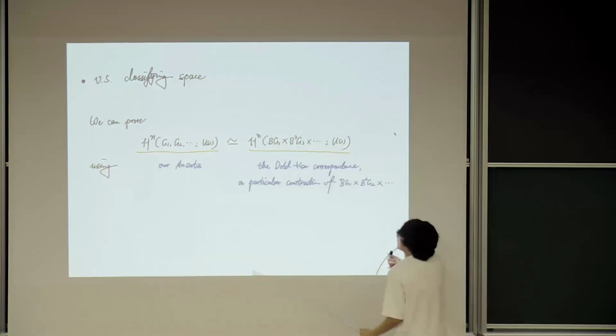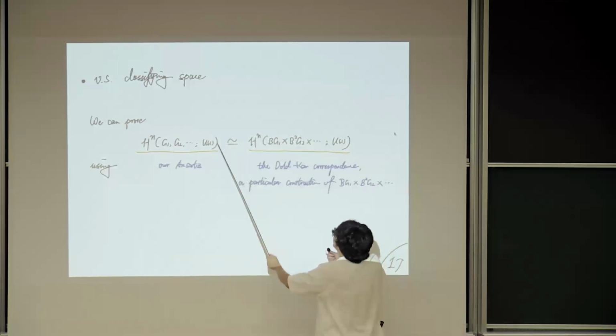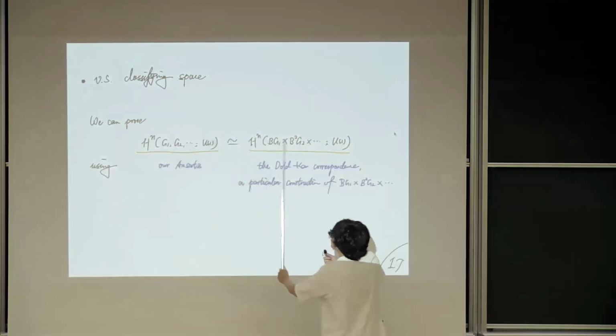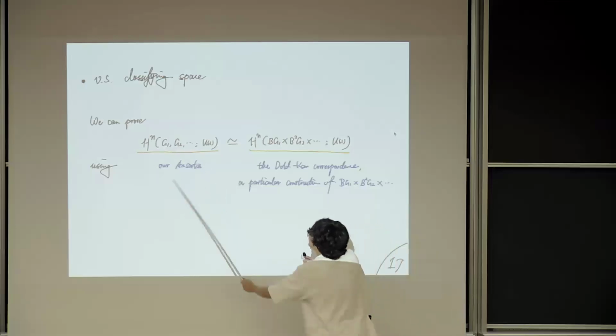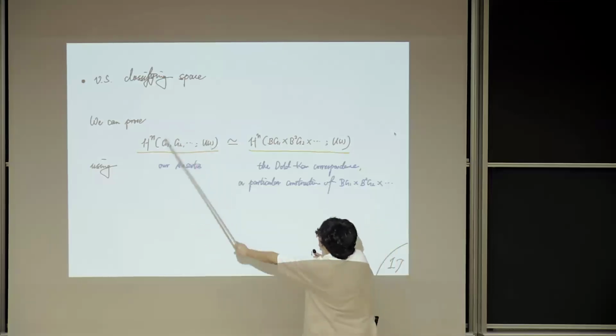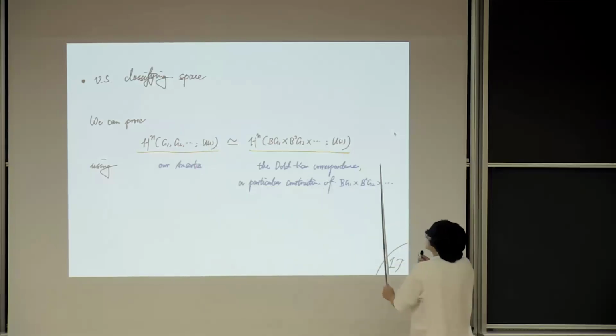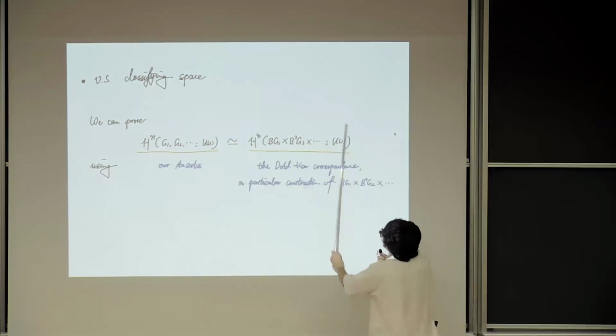Then we can quite conveniently show they are isomorphic by using our ansatz for the left-hand side and using the so-called Dold-Kan correspondence for the right-hand side.